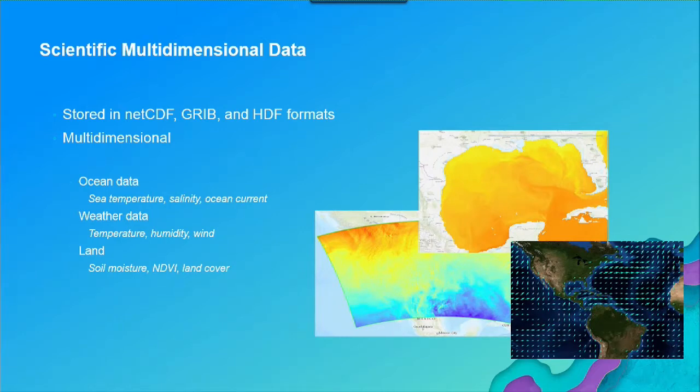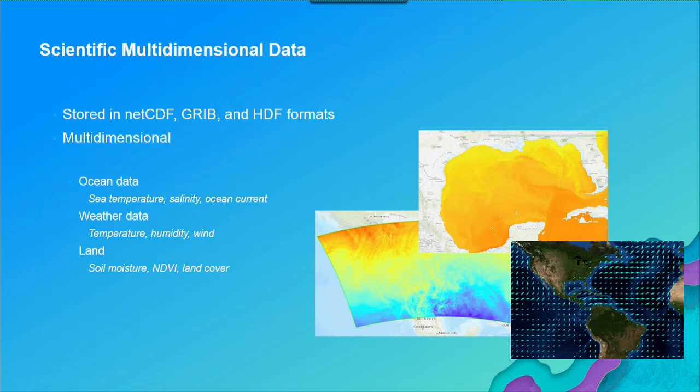Let's clearly define what we mean by scientific multidimensional data, as far as I am concerned and Deng is concerned in this room. We're talking about something called netCDF, GRIB, and HDF format. Are any of you familiar with these data sets? Some of you. That's a great sign, because a lot of observed data from satellites, if you use NASA data, chances are strong you work with HDF.